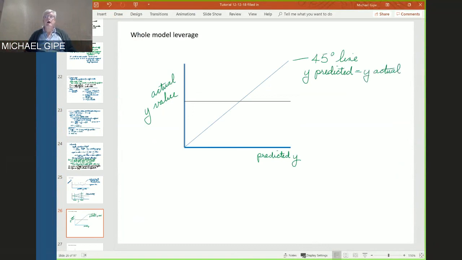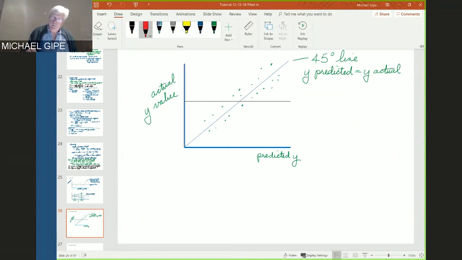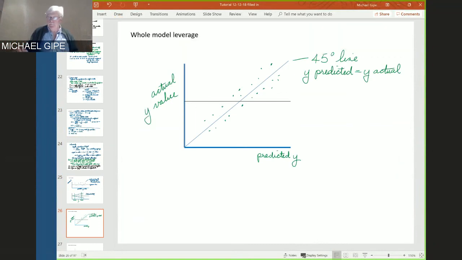So if you had an ideal regression, you'd have points that were just along that line. But in the real world, we've got points above and below that line, showing us that we have some residuals. And JMP even gives us a nice confidence interval. They go to great lengths to calculate it, so we might have a little bit of curvature there.